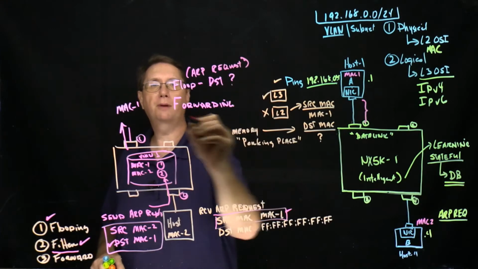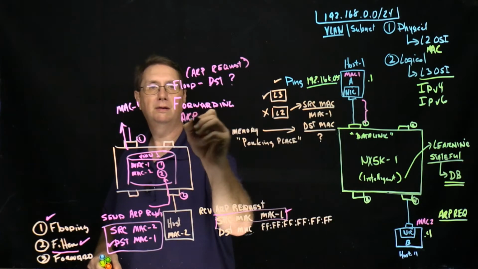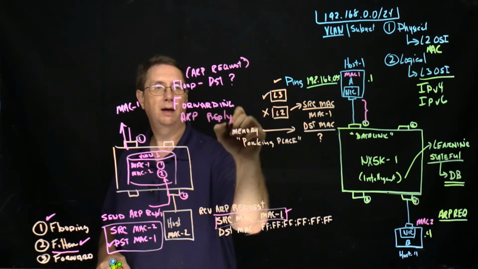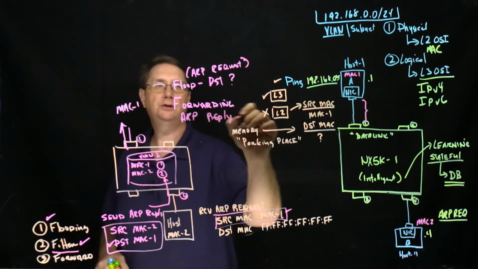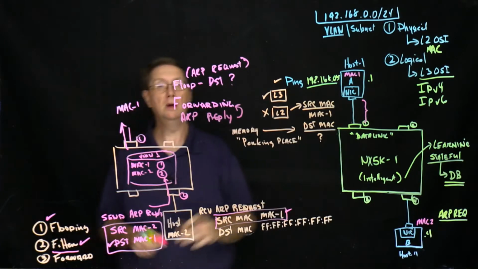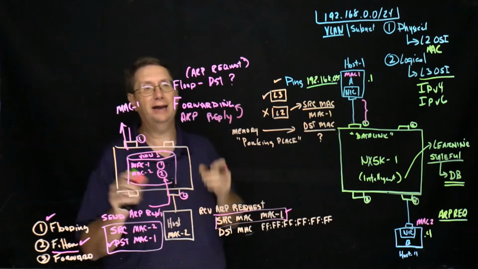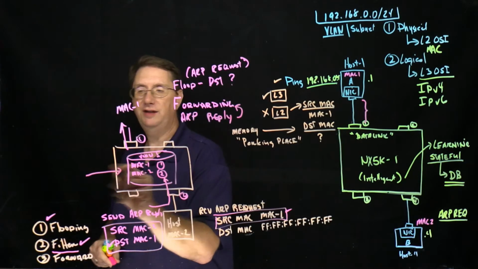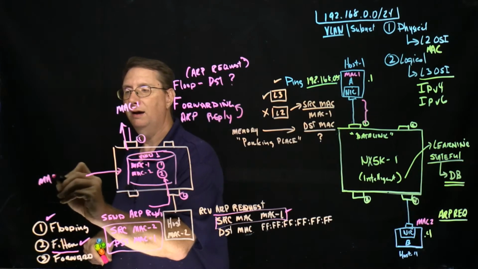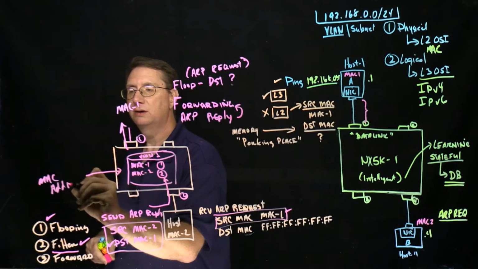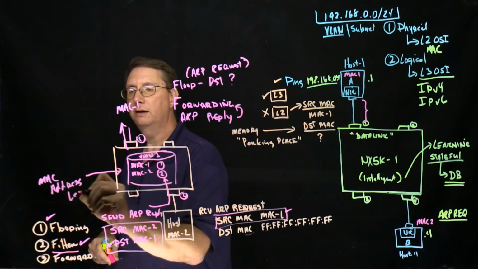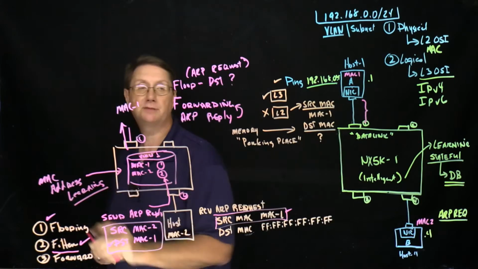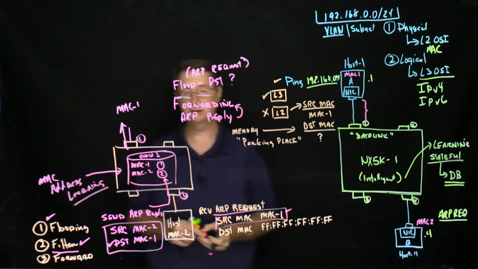However, the ARP reply has sufficient information to actually be forwarded, because I know the source because it's coming from me, and I know the destination because it was learned as a part of the MAC address learning process that runs inside of the switch as part of its integrated intelligence.